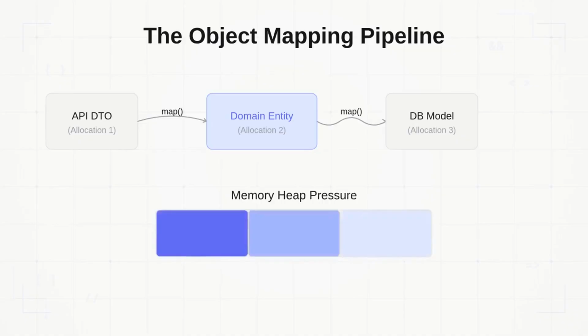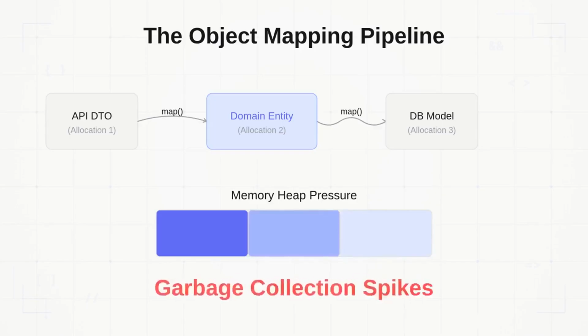When saving to the database, that domain entity is mapped again into a database entity. That is 3 distinct objects created in memory for a single lifecycle. Multiply this by thousands of concurrent users, and you create an avalanche of short-lived objects. Your garbage collector goes into overdrive, pausing application threads, spiking latency, and consuming massive amounts of RAM.